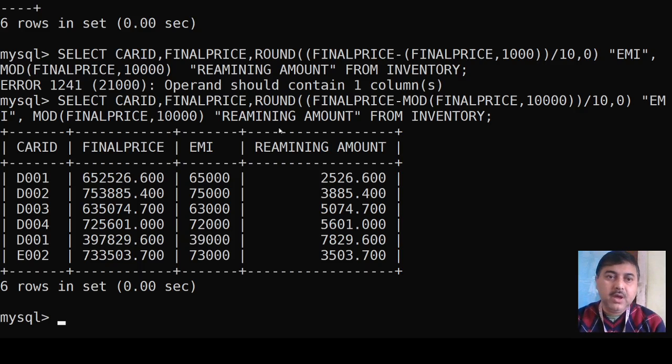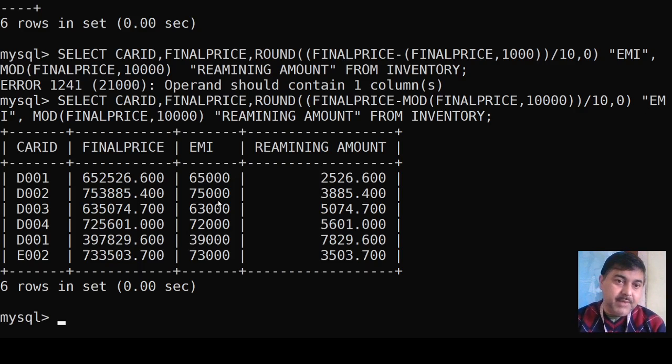You see what we have changed here: select card ID, then final price, then round of the final price minus mod of final price. Mod of final price divided by 1000, then divided by 10, and that name has been given as EMI.